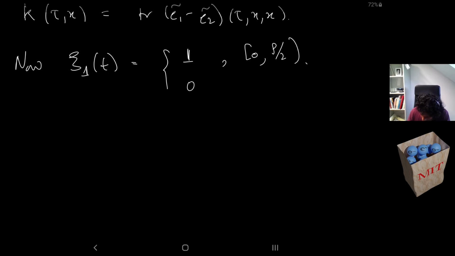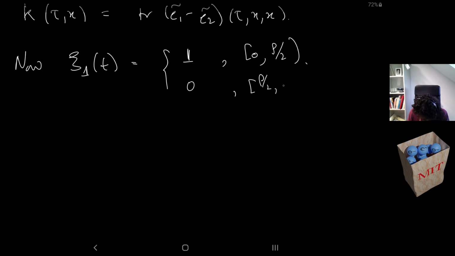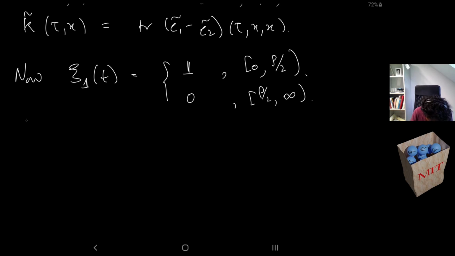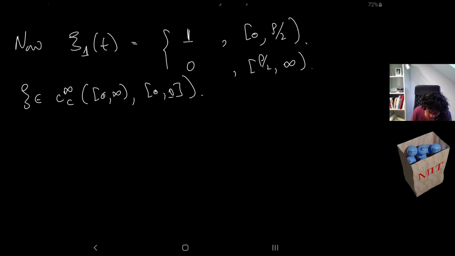And it's 0 when we go from rho on 2 out to infinity. So this is of course a compactly supported function on the positive reals, taking values in 0, 1, and psi 2 is just simply 1 minus psi 1.